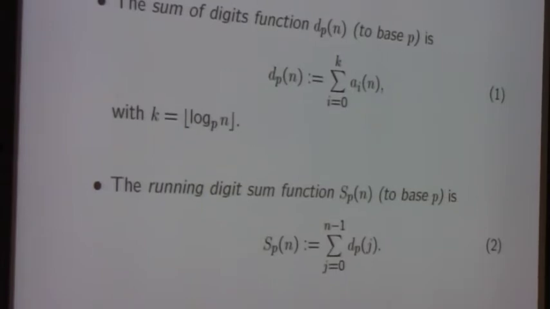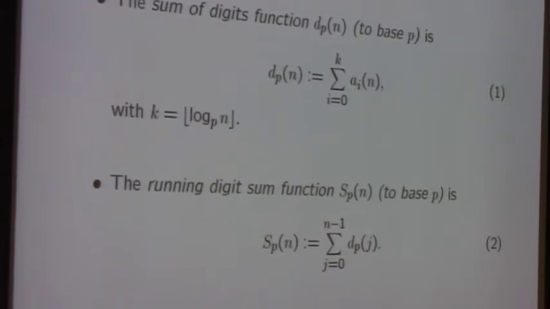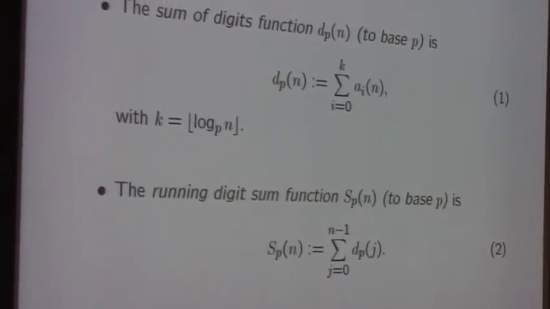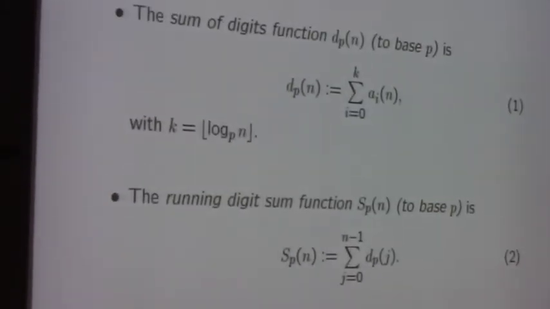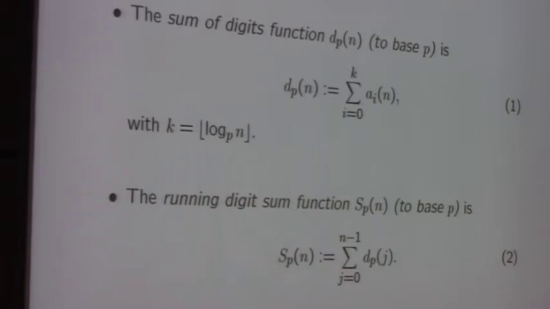And then there's a running sum of digits in base p, which is the sum of the base p digits of j running from 0 to n minus 1. So it's the sum of all the digits in the base p expansion of the consecutive integers from 1 up to n minus 1. Okay, the n minus 1 is a convenience, but the literature did that, so I'm doing it too.